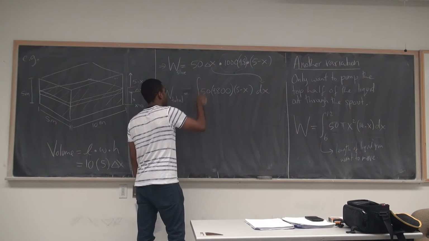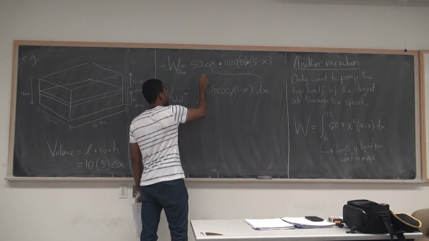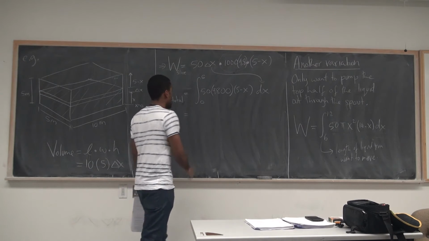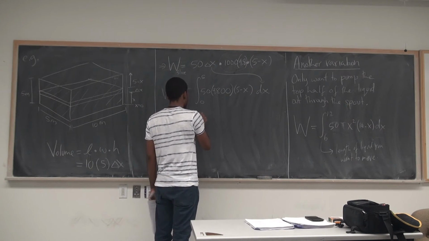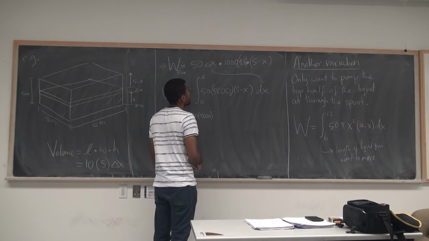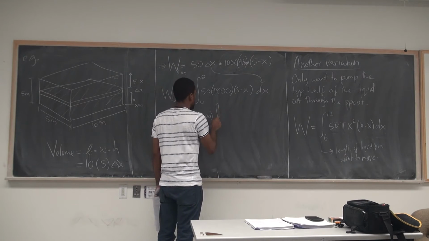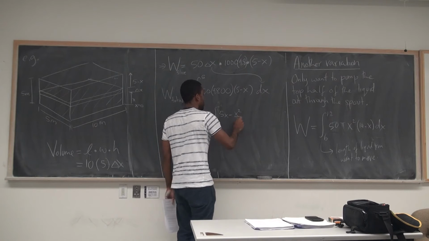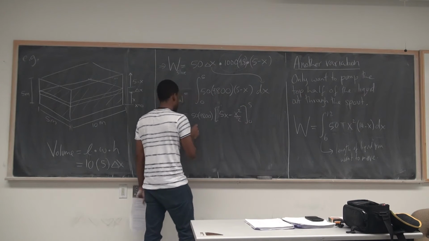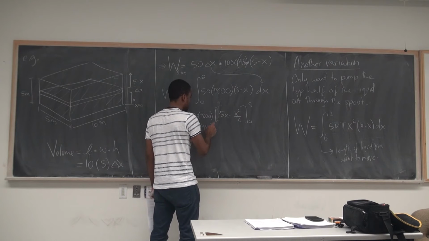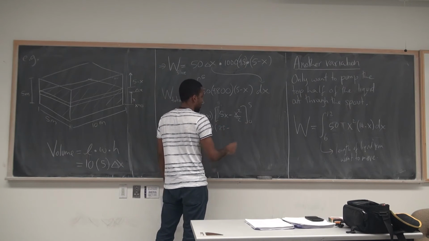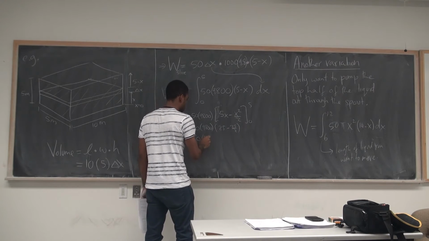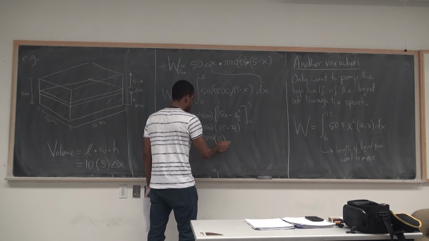What's the limit of the integral? 0 to 5, because it's filled and I want to pump everything out. So that's going to be 50 times 9,800 times the integral of 5 minus x, which is 5x minus x squared over 2 between 0 and 5. 50 times 9,800 times 25 minus 25 over 2, which is just 25 over 2.